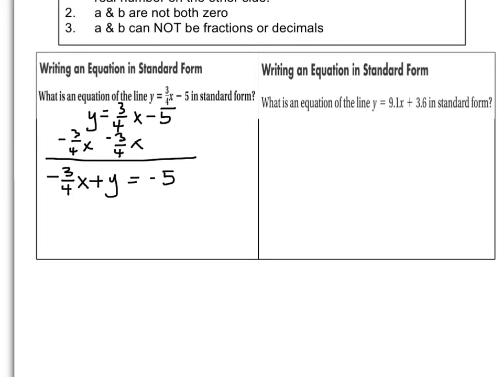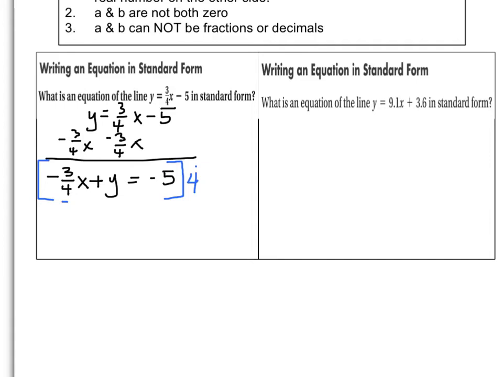Now you'll notice we can't have this fraction. To get rid of the fraction, you multiply everything by the number in the denominator. The denominator here is 4, so I'm going to multiply everything by 4.